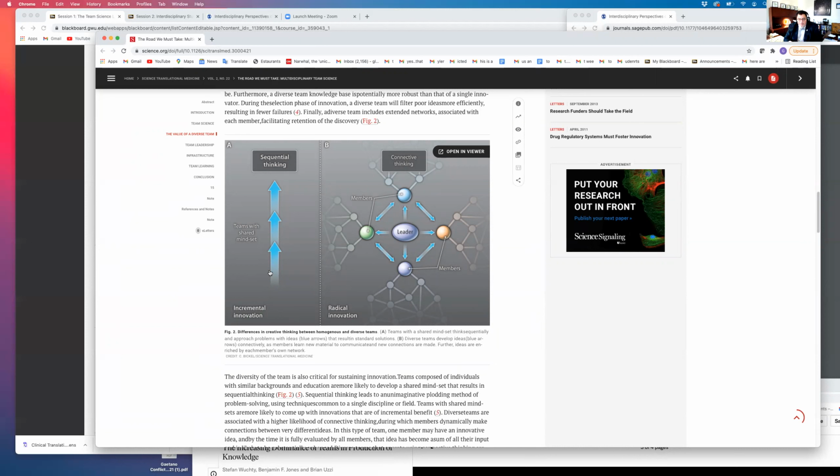Like, we discover something, then a few years later, something else is discovered that changes our mind on it, et cetera, et cetera. What they're showing here in B is that diverse teams develop ideas through networks and leaders. This is not sequential at all. It's more connective thinking, and we tend to see more radical innovations that come from this sort of viewpoint.